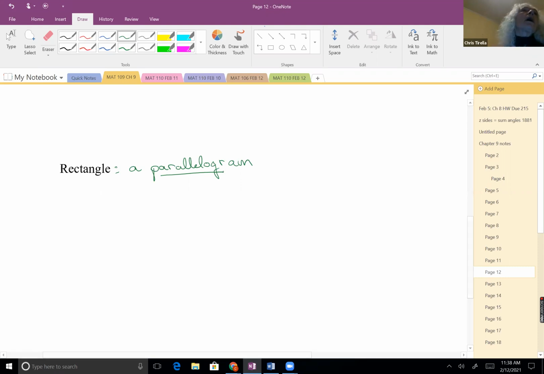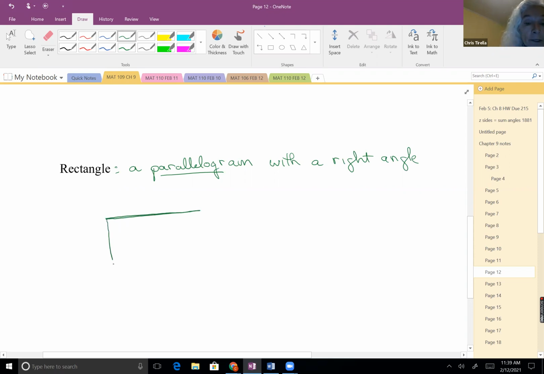Opposite sides are congruent. Opposite angles are congruent. But what's special about a rectangle is it's a parallelogram with a right angle. And so by this definition, it's a parallelogram that has a right angle.